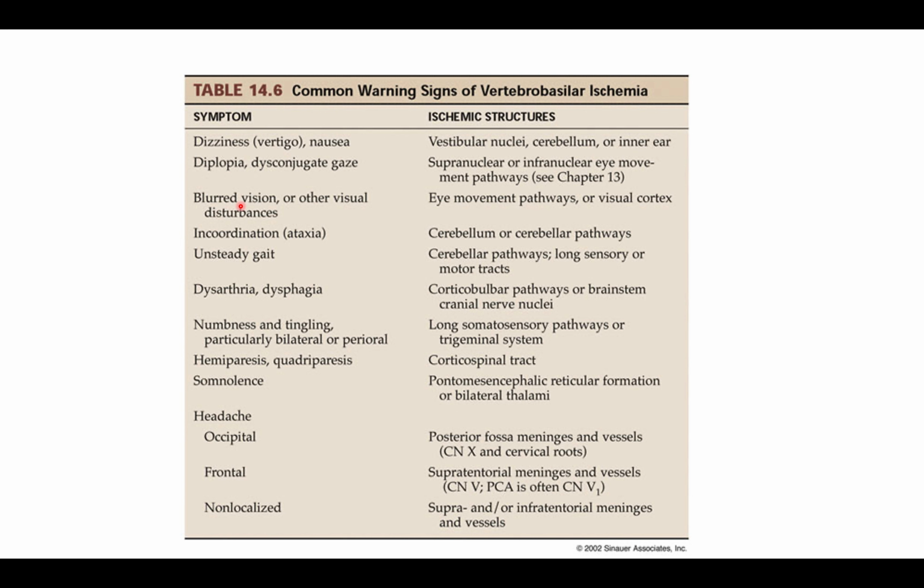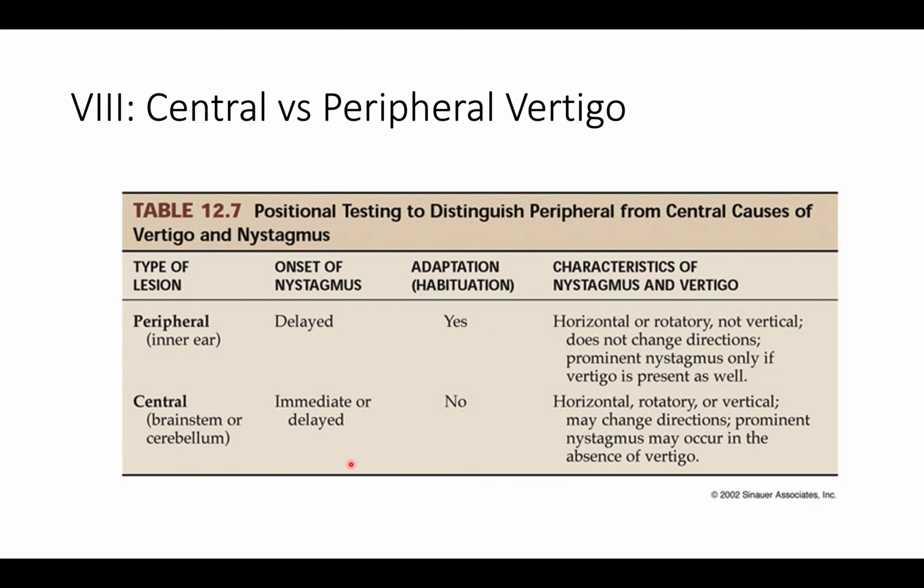For example, blurred vision or other visual disturbances. As we said, either there is a problem in eye movement pathways or in the visual cortex. For example, if there is headache in the occipital area, maybe it is the posterior fossa, meninges, or vessels, cranial nerve number 10, and cervical roots.